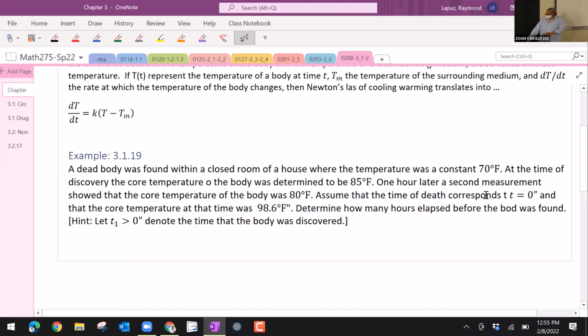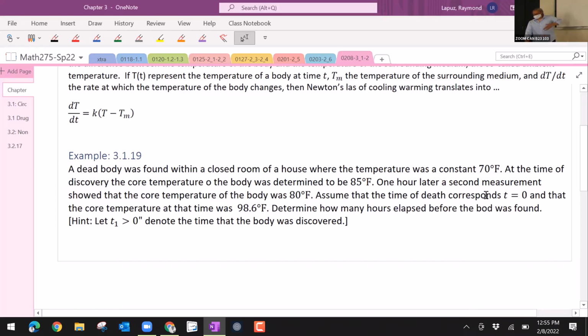Assume the time of death corresponds to t equal to 0, and that the core temperature at the time of death was 98.6.